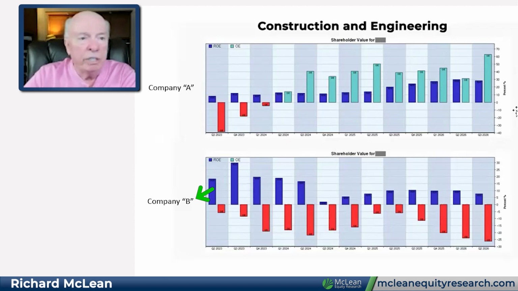As you can see, the blue line is net income, return on equity, and this is the owner's earnings out of the cash flow statement. Company A is significantly more profitable than probably what the street sees. And company B, there's hardly a reason I would ever buy this.